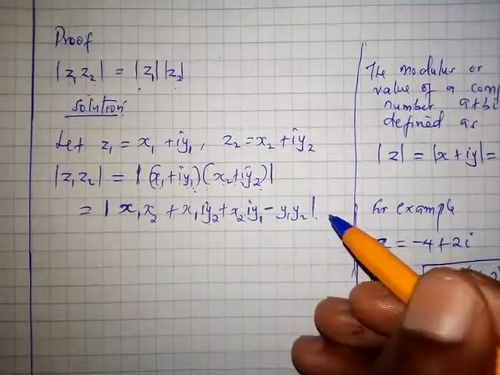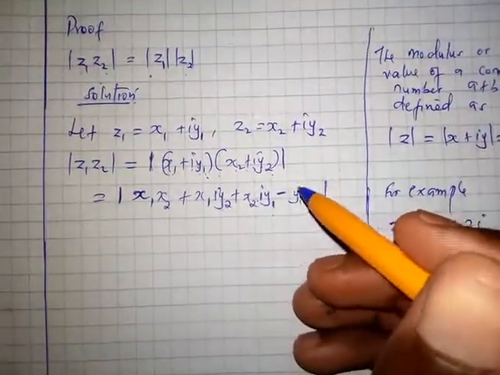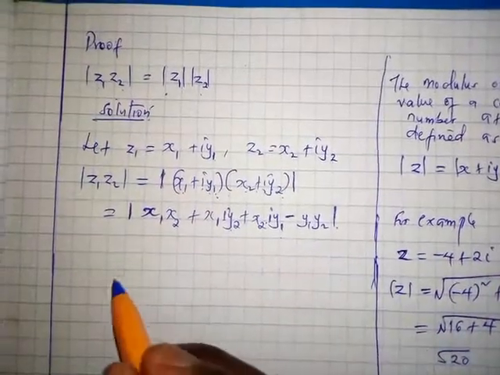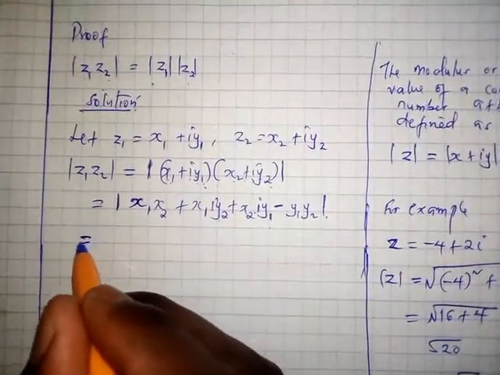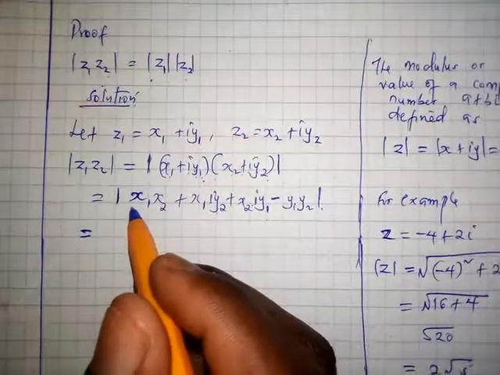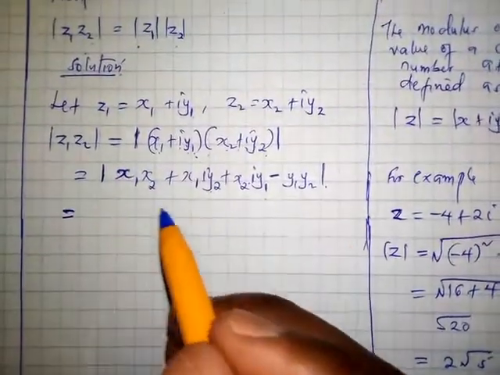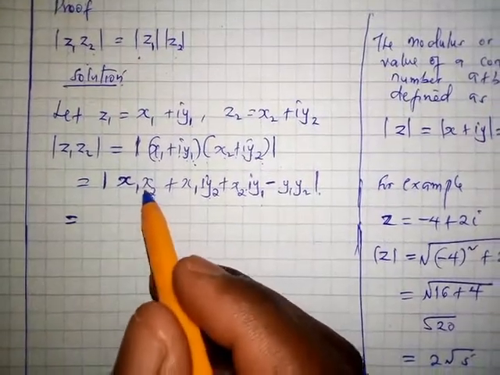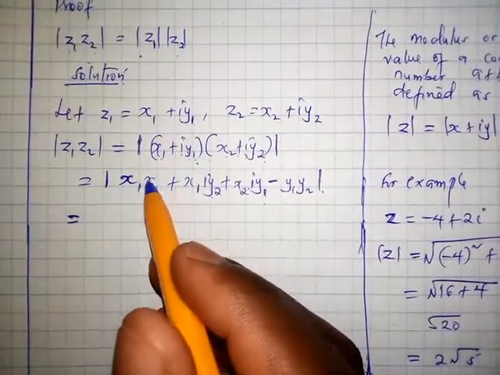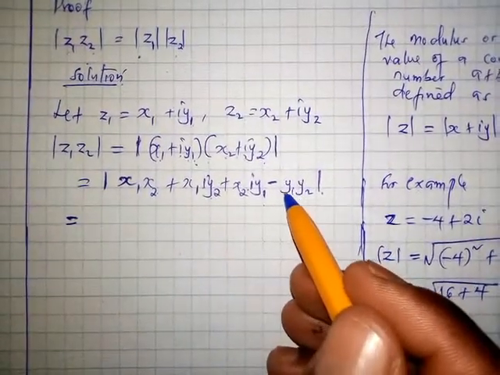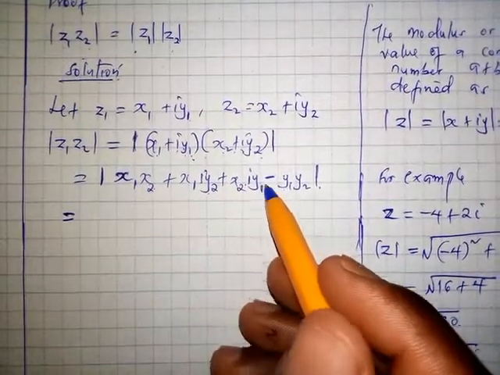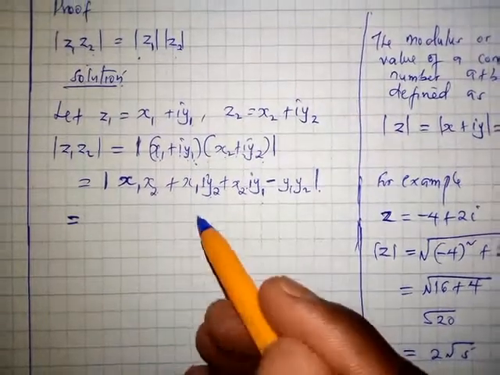Are we there? Okay, so at this point we collect the like terms: the real parts together and the imaginary parts together. Remember, the real parts are those that don't have i, so x1 x2 and negative y1 y2 are real parts, and those with i's are the imaginary parts.